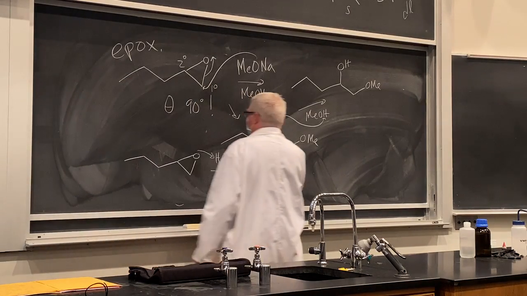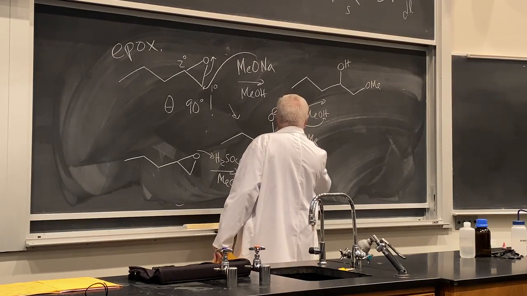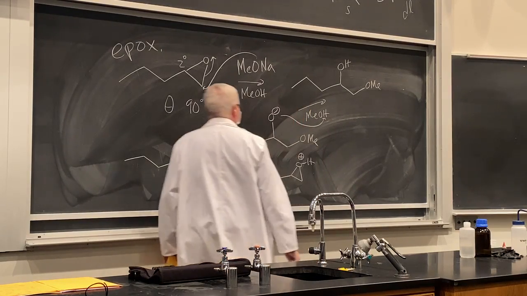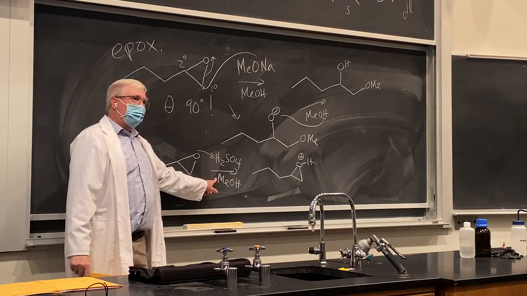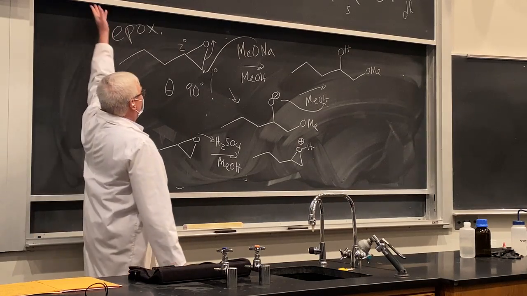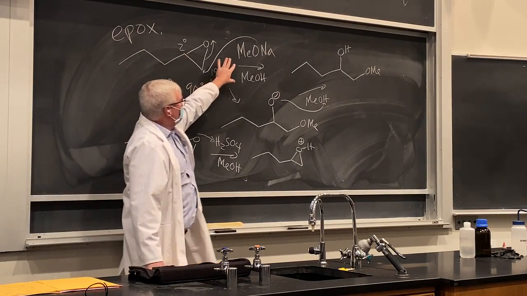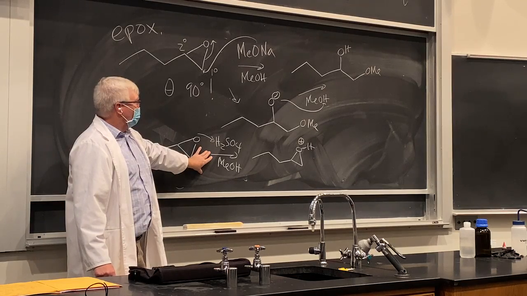So different mechanism. We're under strong acid conditions now. Here's our hydronium ion of the epoxide. And what's going to occur now? Notice our nucleophile is neutral now, right? It's methanol. It's not methoxide like before. That was basic condition. Here we're under acid conditions, right?